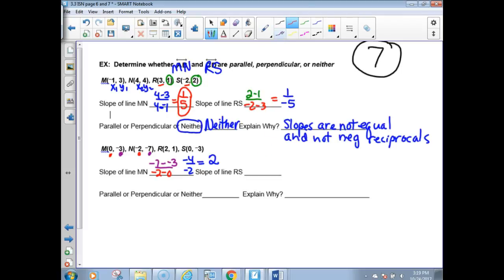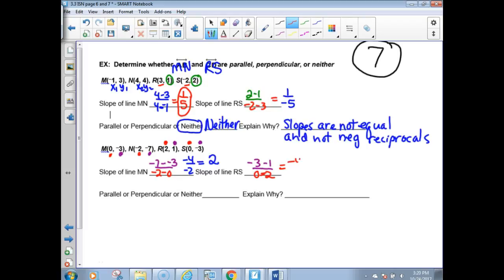Okay. Next, the slope of line through R and S. Start with your y's. -3 minus 1 over. Subtract your x's. 0 minus 2. I'm just constantly going from the second point back to the first. Staying consistent.